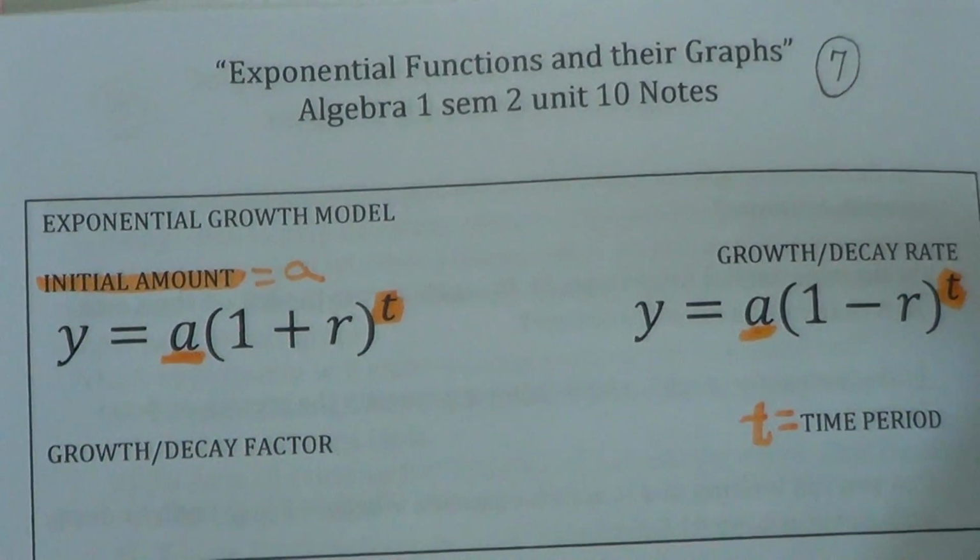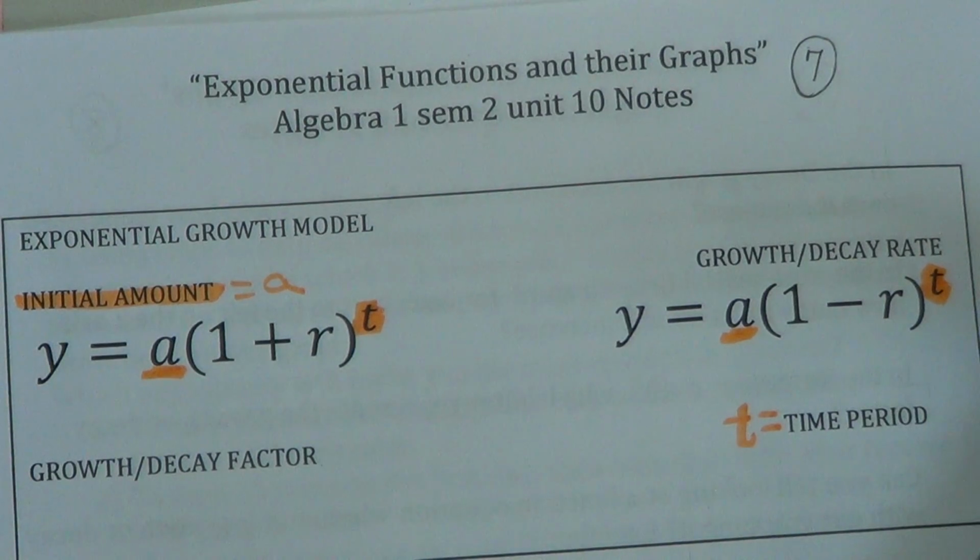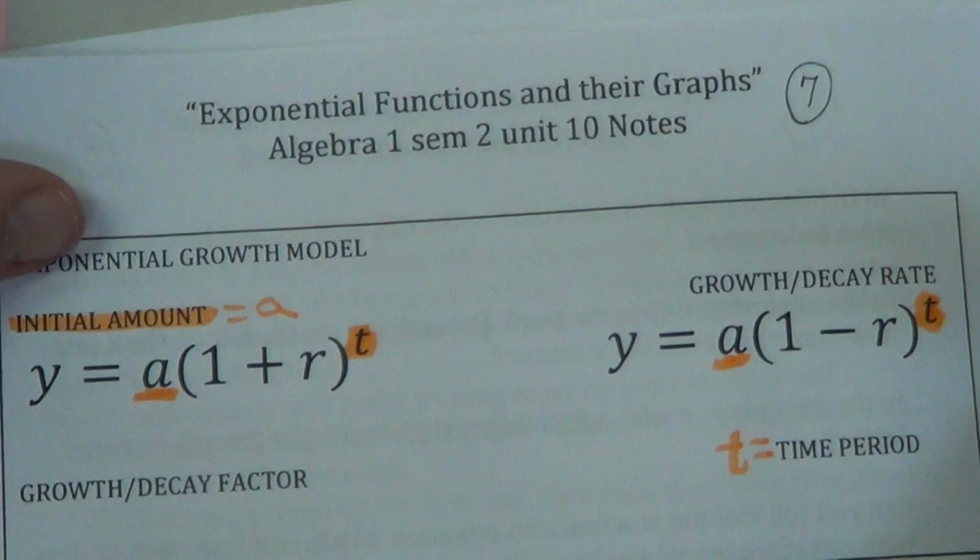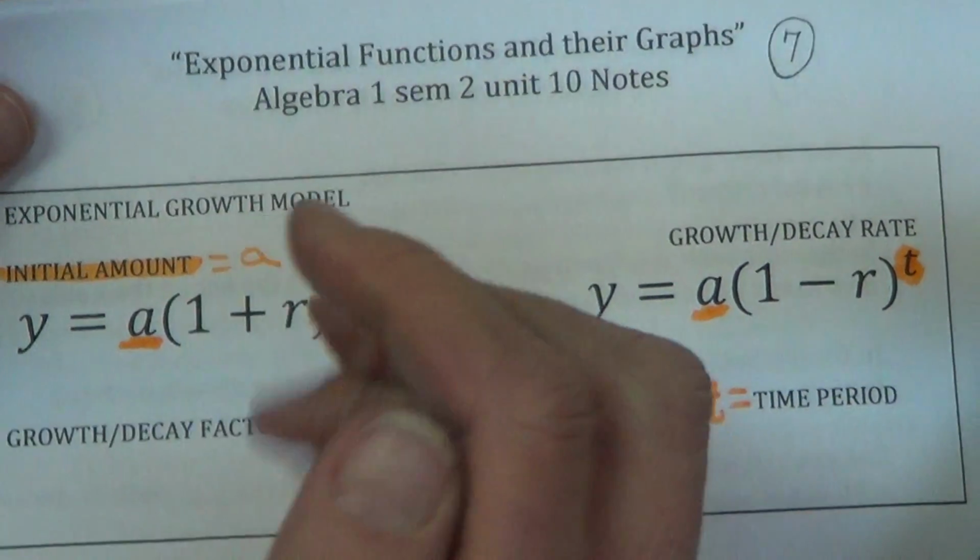Now, a couple other just important vocab terms to have as we're working through this so that you and I can talk about things and be clear on what's happening.